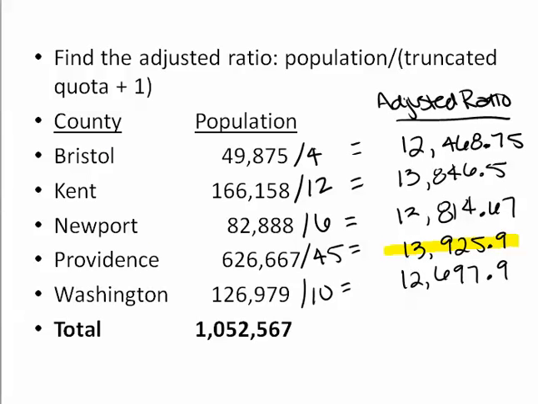So Providence still has the largest adjusted ratio, and that means that each representative represents 13,925 people. The second largest adjusted ratio is in Kent County, 13,846.5. And then the third one goes to Newport with 13,814.67.